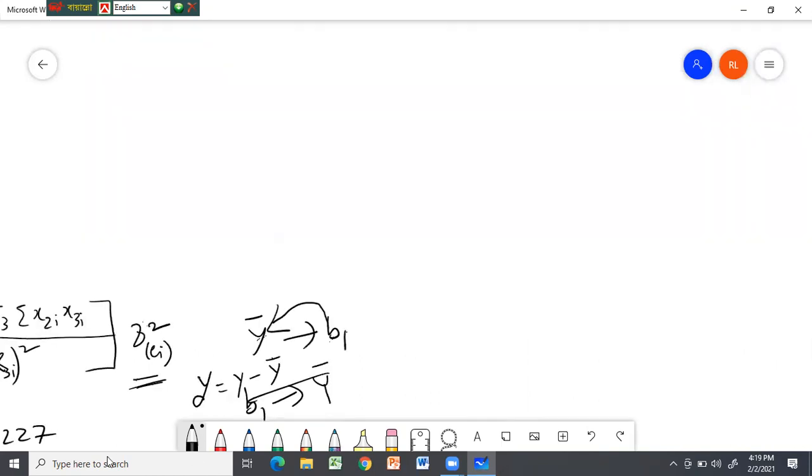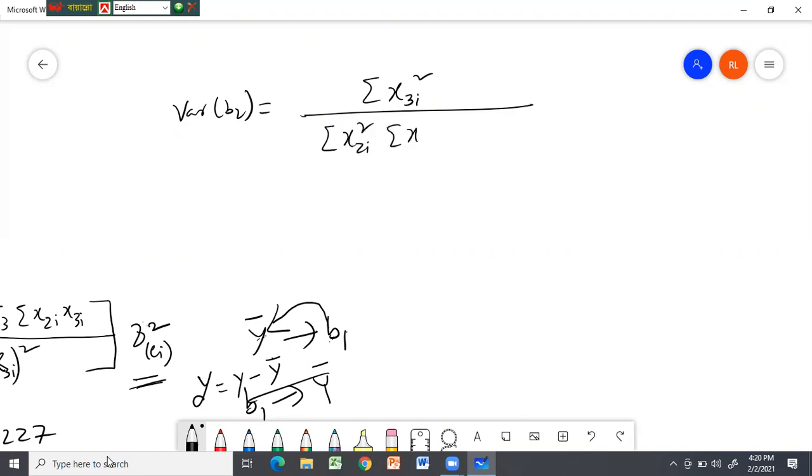So variance of B2 বলা আছে, in the numerator portion only is summation of the x3i square, divided by the denominator portion, which will remain the same as in the variance of B1 calculation: sum of x2i square into sum of x3i square minus sum of x2i into x3i, whole square.